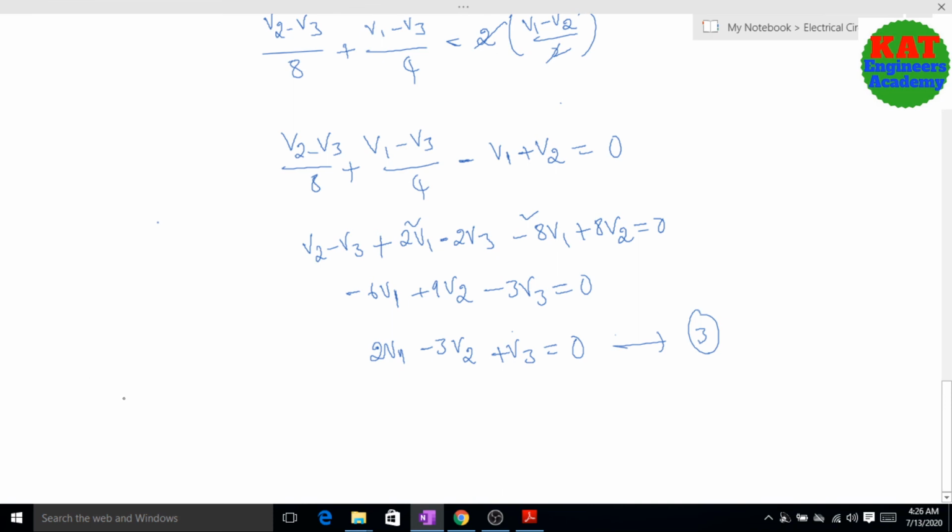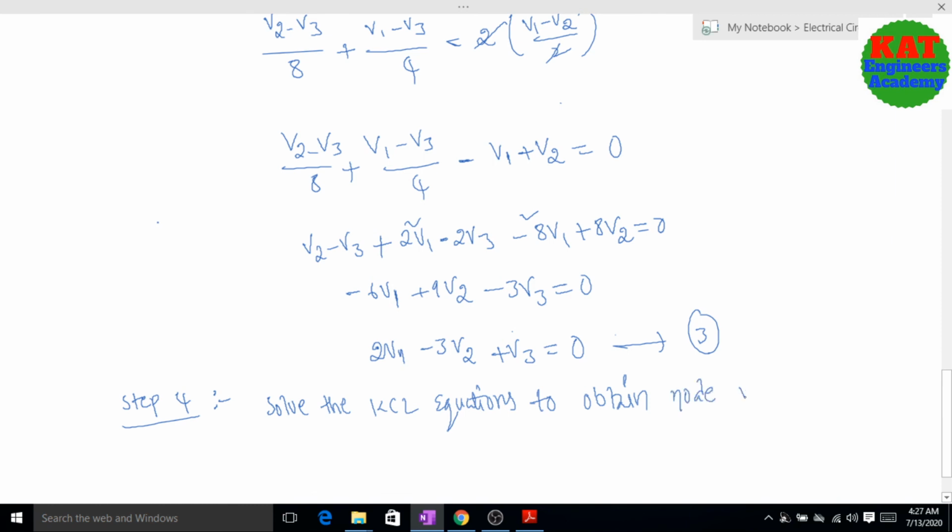So the formation of KCL equations at all nodes is over. Next, go to the next step. What is step 4? Simplify the KCL equations. Solve the KCL equations to obtain the node voltages.